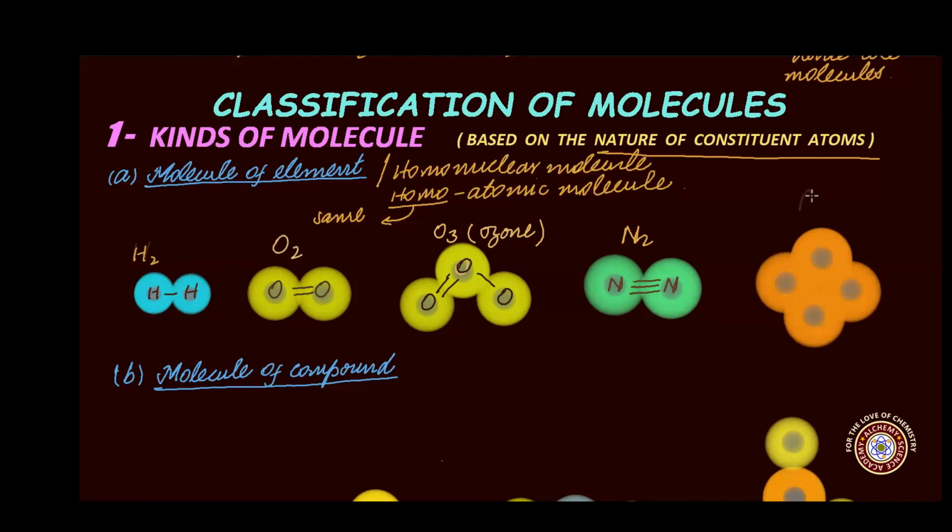It is the phosphorus molecule, which is a tetraatomic homonuclear molecule, and these are the positions of the nuclei of phosphorus atoms, and these phosphorus atoms are held by covalent bonds with one another in such a way that each phosphorus is covalently bonded to three other phosphorus atoms. The geometry of this molecule is tetrahedral.